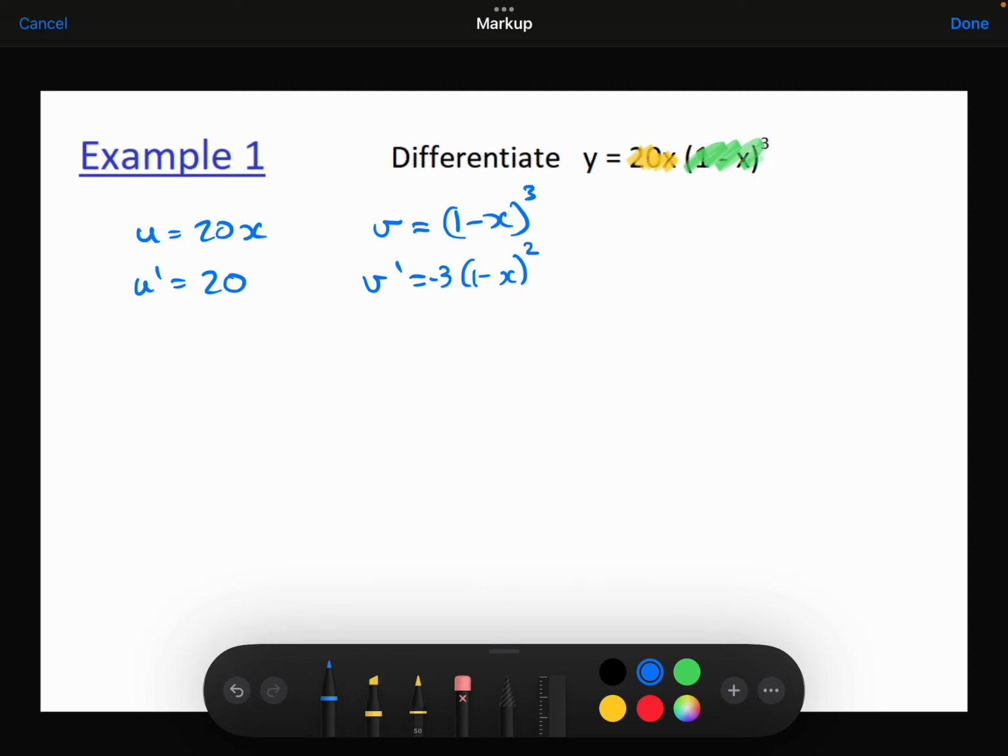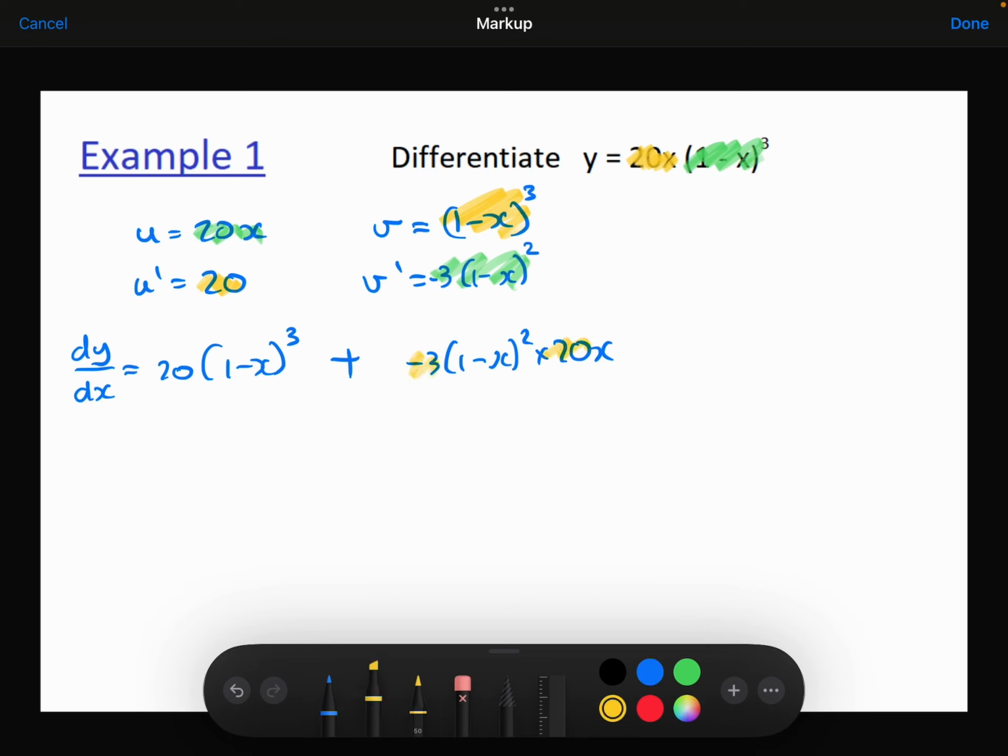Right, let's now apply the product rule. So I will have u dash times v plus the v dash times the u. So we'll have the minus 3 of the 1 minus x squared multiplied by the 20x.